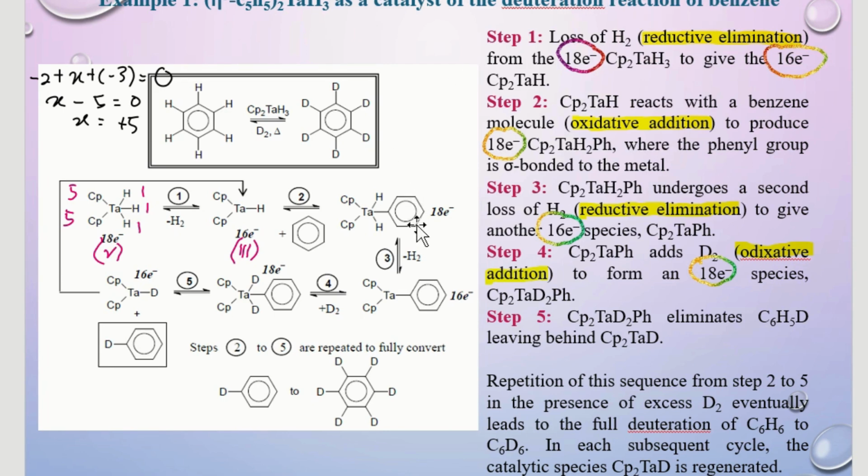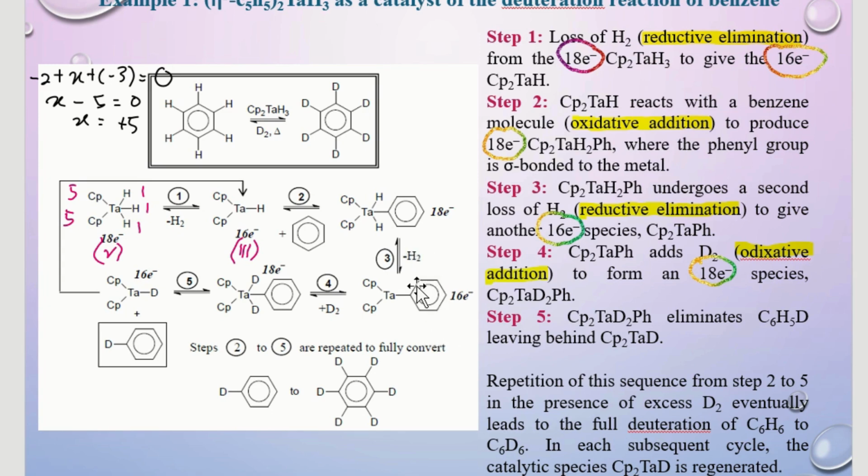We want to convert all the hydrogens of the ordinary benzene to D. Now the third step: our third compound undergoes a second loss of hydrogen gas, through reductive elimination, to give another 16 electron species. So they lost another 2 hydrogens.